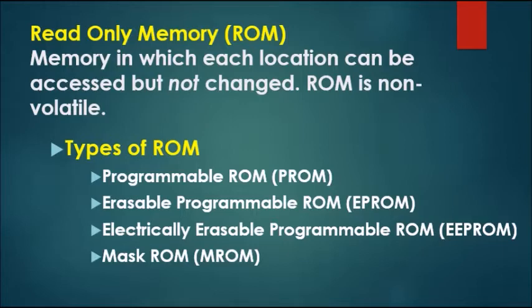The RAM that we talked about is a volatile memory, meaning data will be present only as long as the computer is getting power. But in ROM, the data is not changed. Even after the power is lost, the data can be retained.